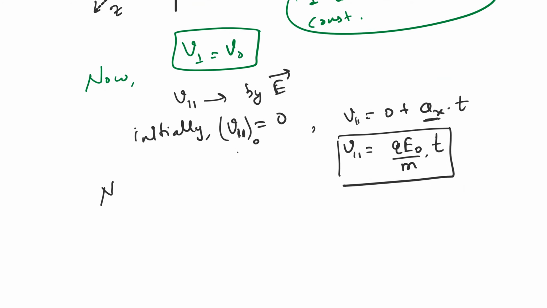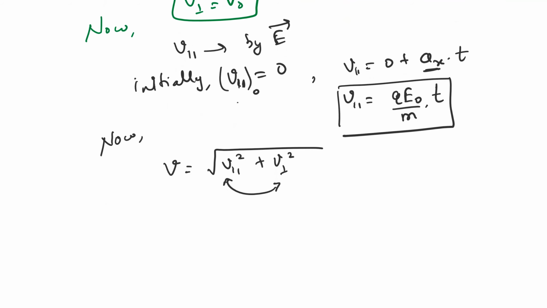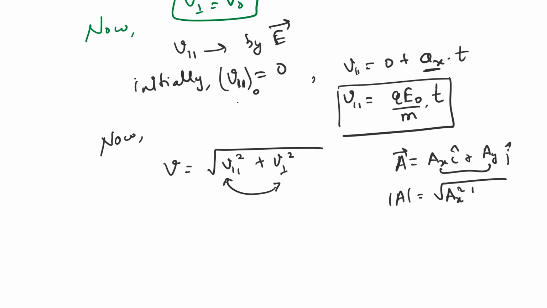Now if we find the velocity at this instant, this would be V parallel square plus V perpendicular square. They are both perpendicular to each other, so the resultant would be the square of the first plus the square of the second. Same as the vector ax i cap plus ay j cap: both are perpendicular, so the magnitude would be the root of ax square plus ay square.